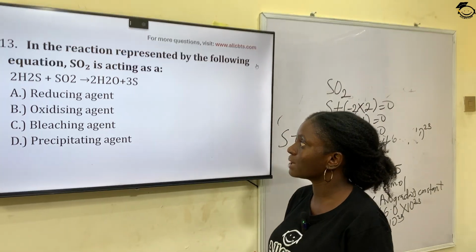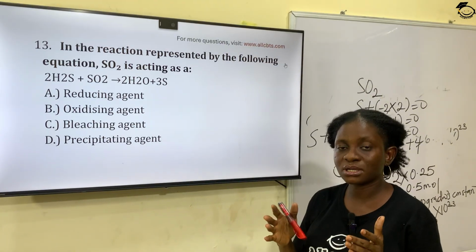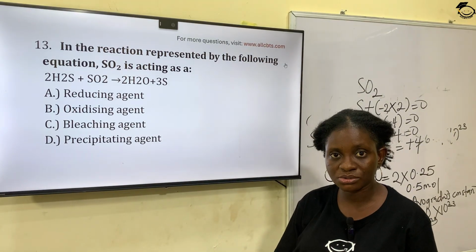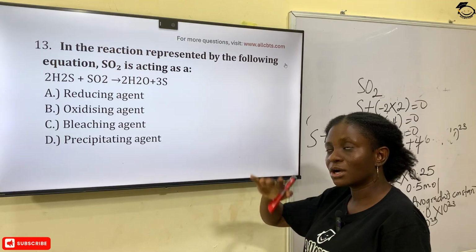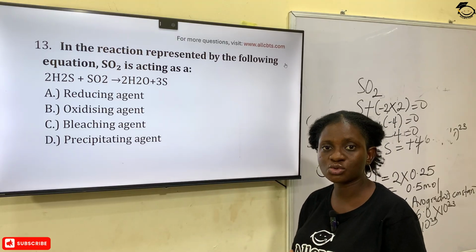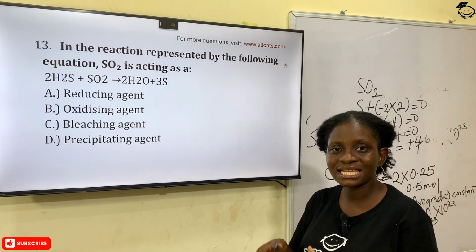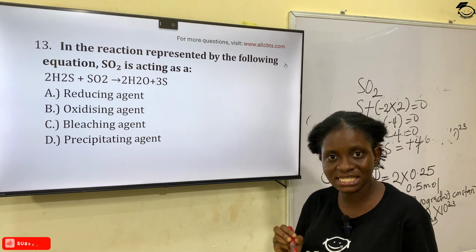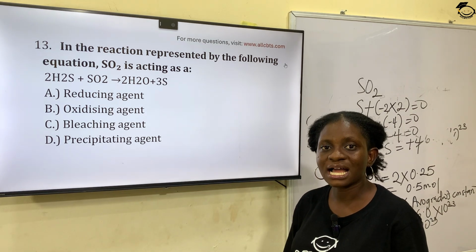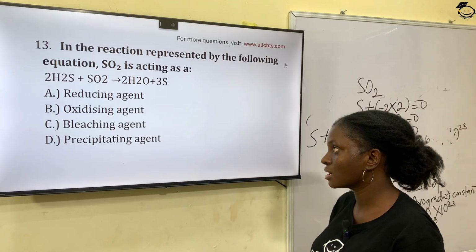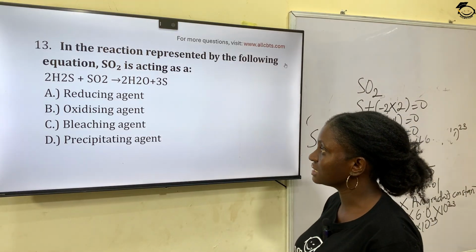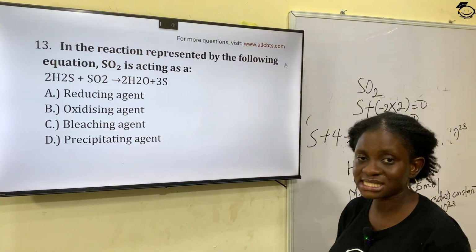And in a situation whereby an element is reduced for another element to be oxidized, that element that is itself reduced is known as an oxidizing agent. So the correct answer is B, oxidizing agent.